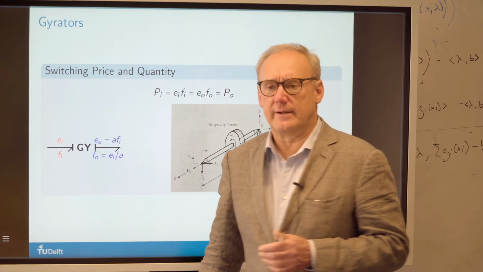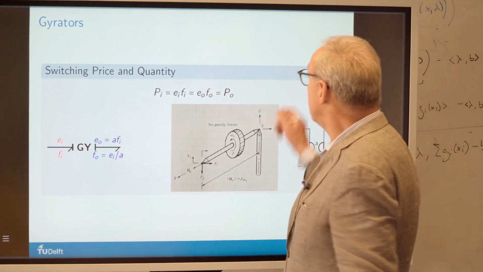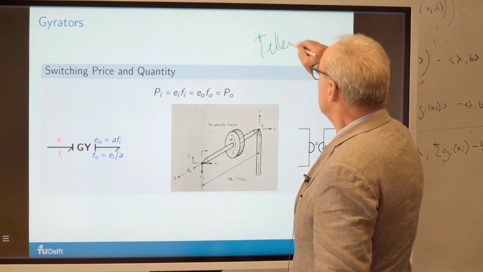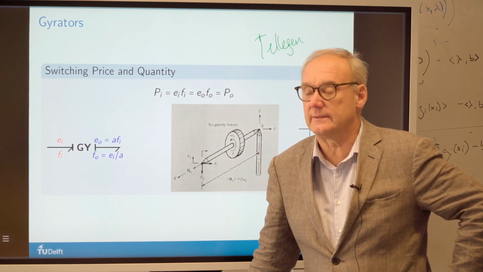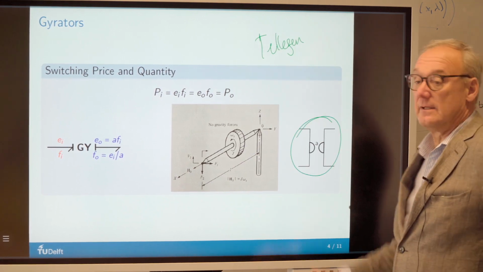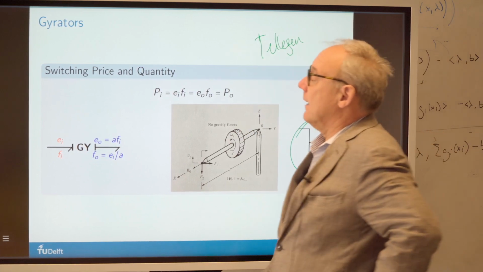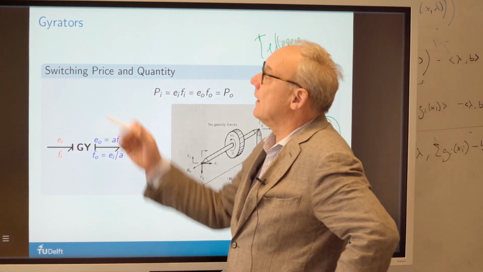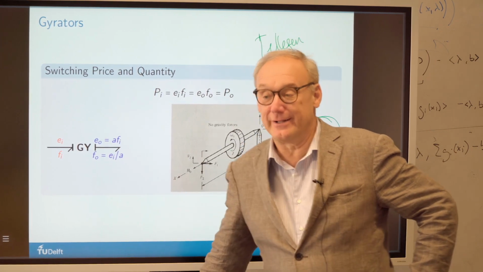It was invented by a guy here, an electrical engineer and professor at Delft. He invented this gyrator, and this is the symbol. It's called a gyrator because we call a transformer a transformator, so it sounds like an analog, right?